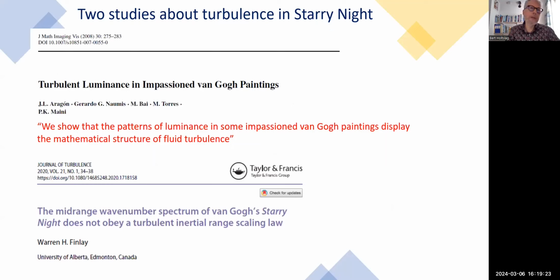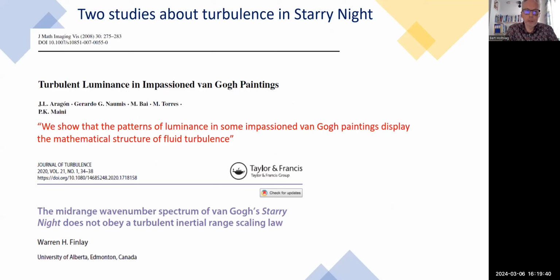Now, there are quite a few studies in the literature about the Starry Night, and particularly also on the atmospheric properties of turbulence. And I picked out two, which have somewhat conflicting conclusions.